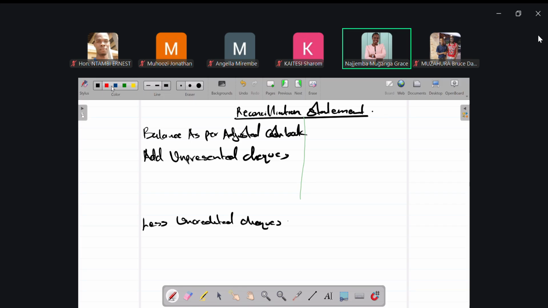So that balance which we shall get when we balance off will be posted here.